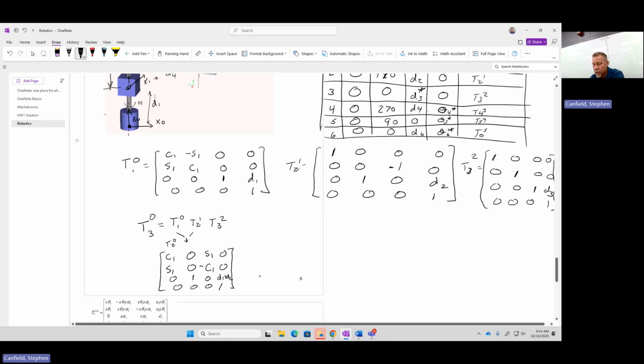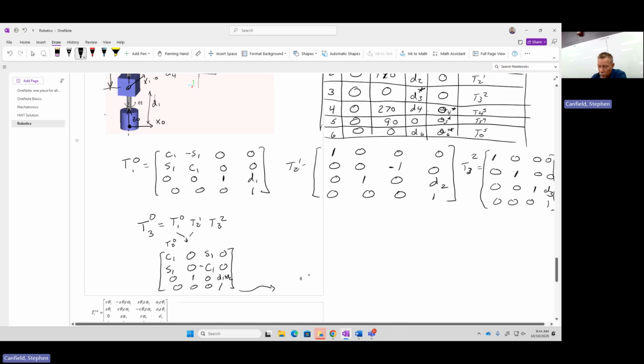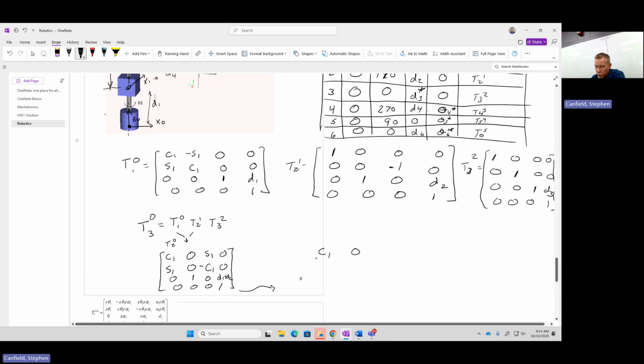Okay, I did that multiplication in my head kind of quickly. Now we've got to multiply by T3 on 2. So if we multiply all this times that last column, we're going to get, first row, cosine theta 1 times 1 plus 0, 0 plus 0. Second row is cosine times 0 plus 0 times 1 plus sine theta 1, so that's 0. Third column is sine theta 1.